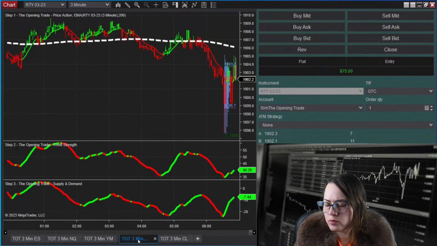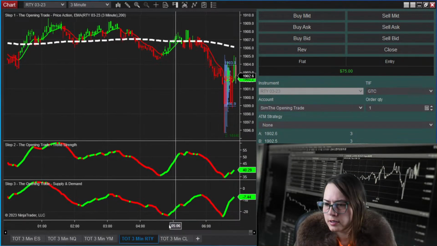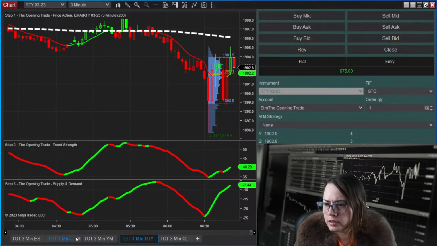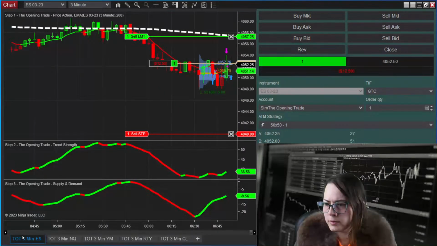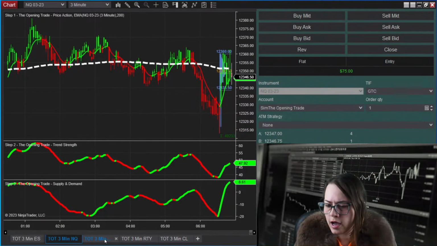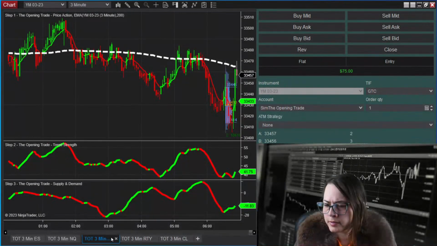Here is the Russell. Let's get a better view here of this Russell. Again, I am in a manual trade on the S&P 500. So I'll just keep a little eye on that guy. Keep looking back at him.